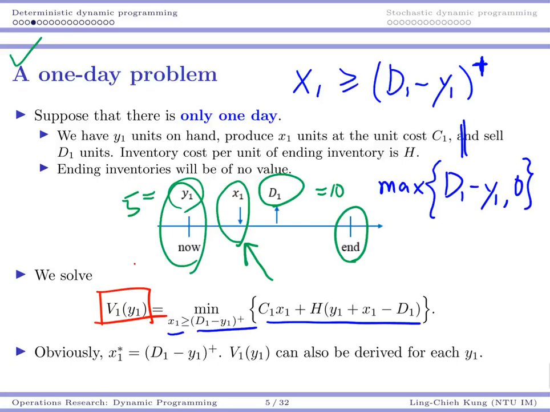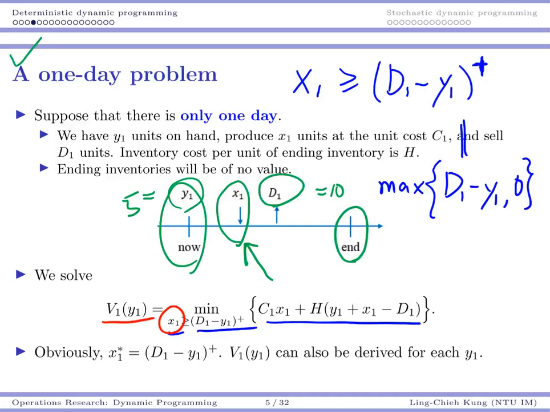What's this? This is a cost function for one period given our initial situation Y1. If we have a 1 period problem and initially we have Y1 units on hand, after we make our optimal decision, the total amount of cost I need to pay is V1 of Y1.